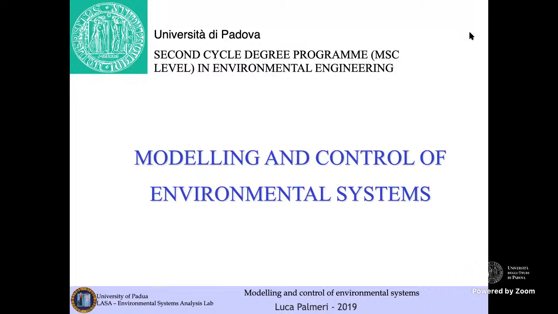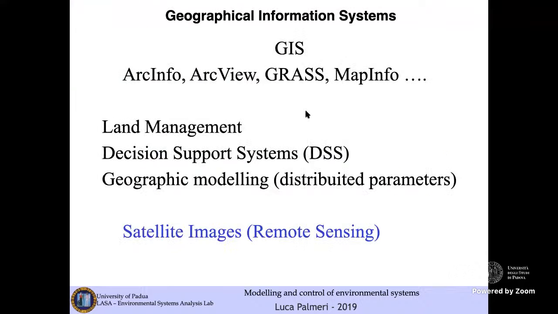Today we will discuss the first example, an example of distributed parameters modeling. The model we are going to discuss today is a GIS model applied to a large river catchment, with the scope of evaluating the loads of nutrients in terms of nitrogen and phosphorus.